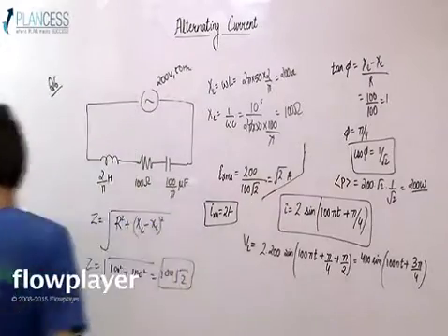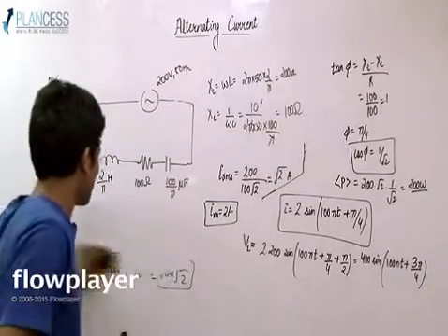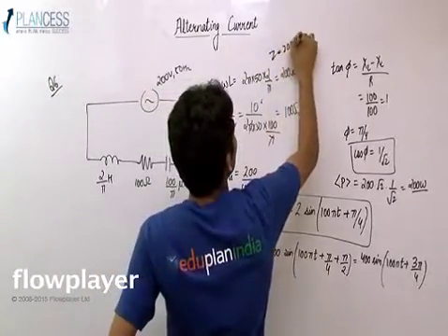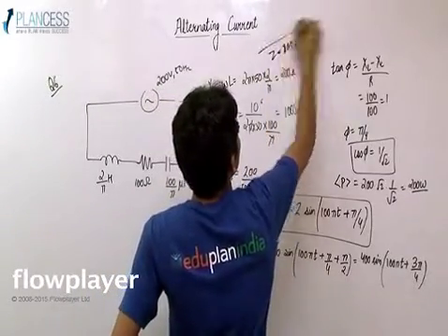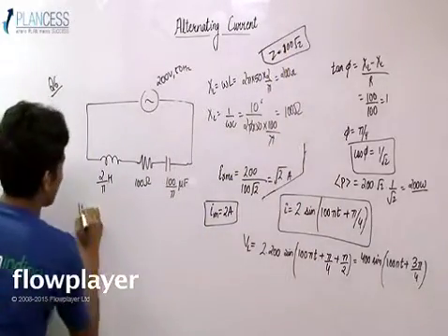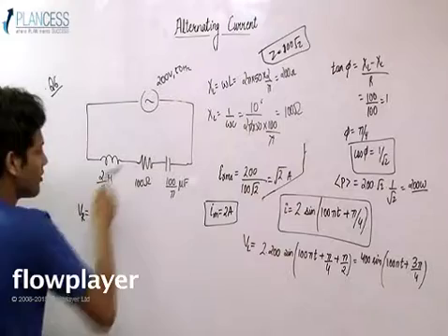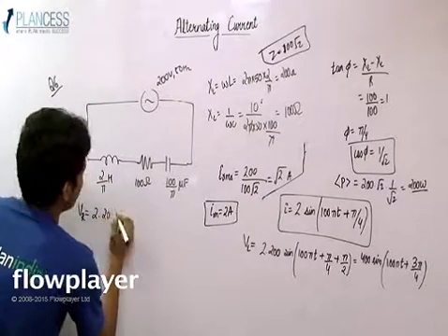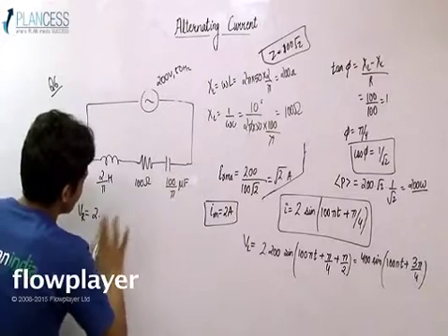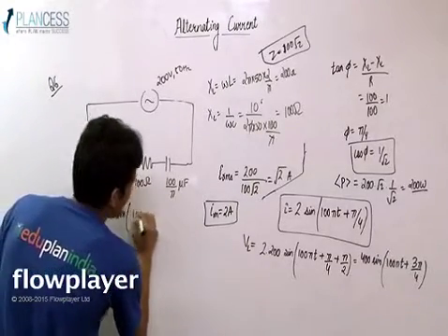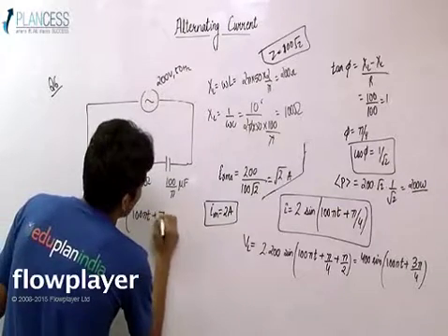Let's remove the impedance calculation. Remember, Z is equal to 200. Now, if I want to write down VR, the instantaneous potential difference across the resistance R, it would be I into 100, and it would have the same phase angle, so it would be 100πt + π/4.